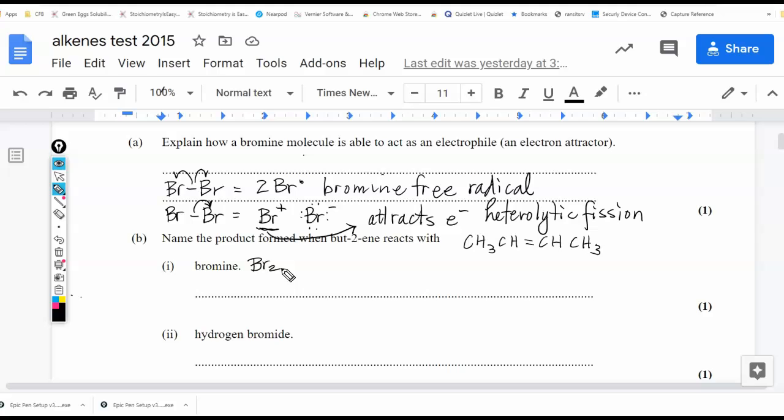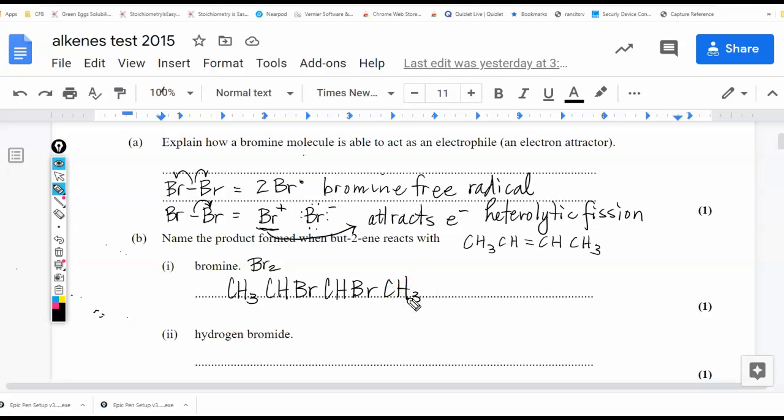So let's say that they do react through heterolytic fission, and the one bromine ends up with a positive charge. It's going to attract those two electrons, and so we're going to end up with a CH3 followed by a CH, and the Br will jump on one side where the two electrons are, leaving the other side open for the two electrons that the Br ion has, and so we'll end up with CHBr and CH3.